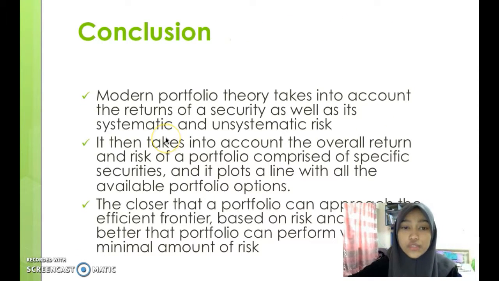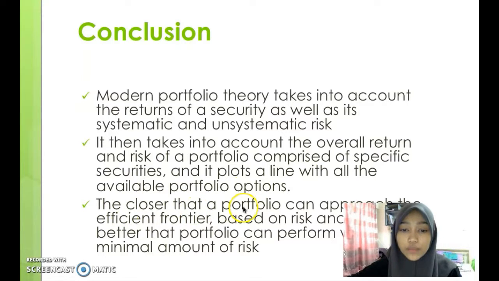For the conclusion, modern portfolio theory takes into account the return of a security as well as its systematic and unsystematic risk. It then takes into account the overall return and risk of a portfolio comprising specific securities and plots it along all the viable portfolio options.